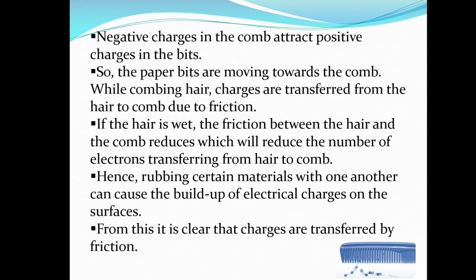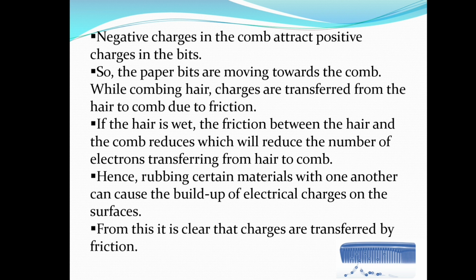In brief, you take a comb and comb your hair. The electrons in the hair are transferred to the comb due to friction, so the comb gains electrons and is negatively charged. You tear a piece of paper into bits and keep them near the comb.